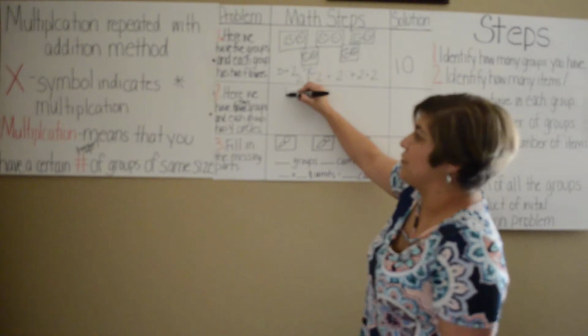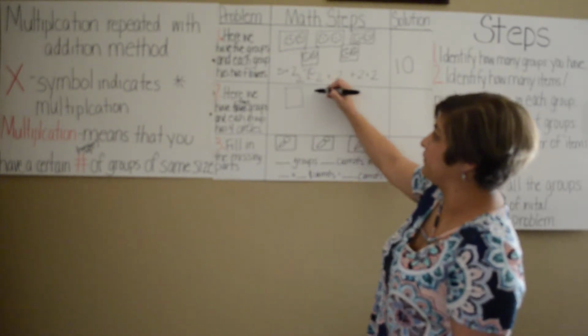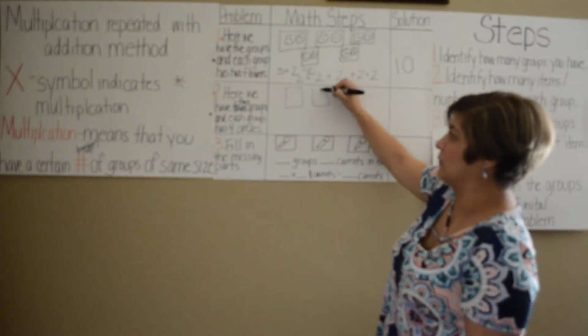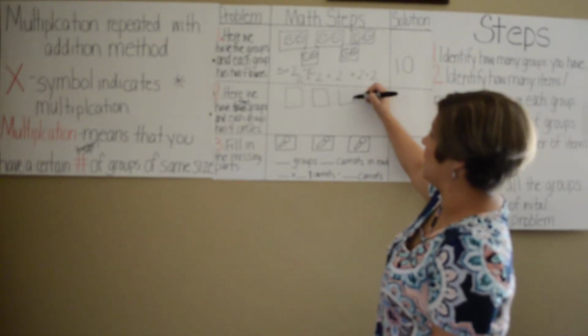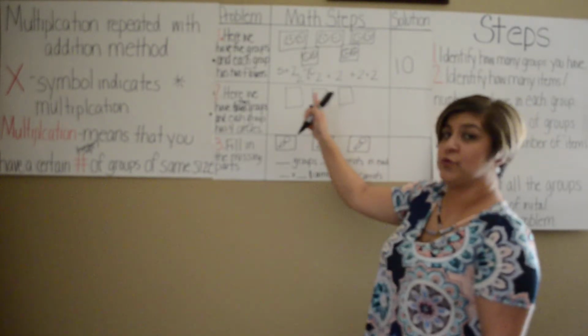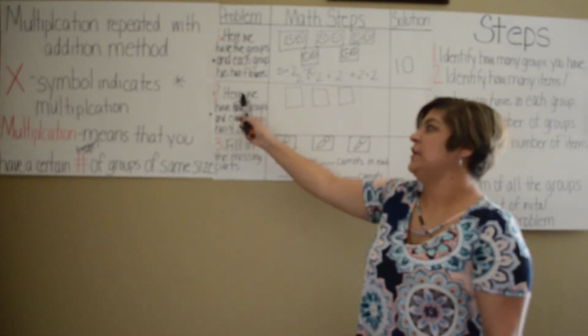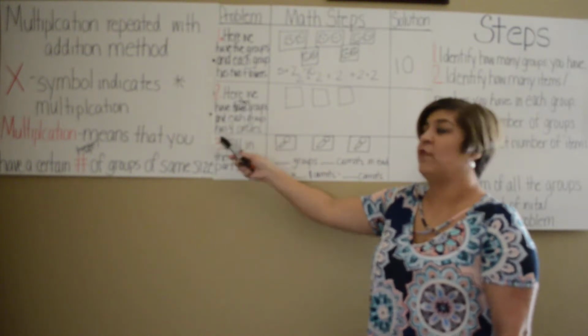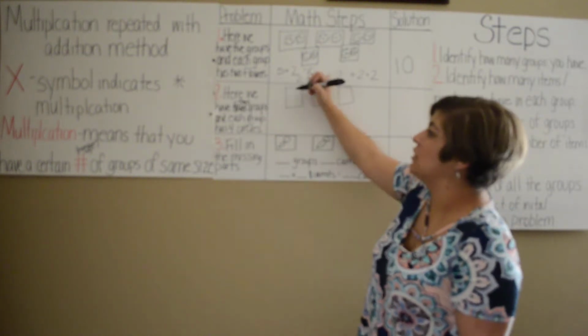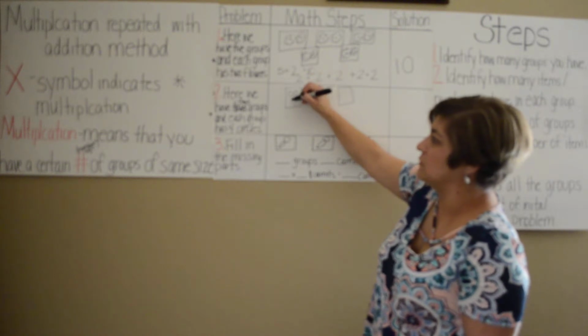So let's draw 3 boxes. So those would be our groups. Next, we know that each group has 4 circles in it. So let's draw 4 circles.